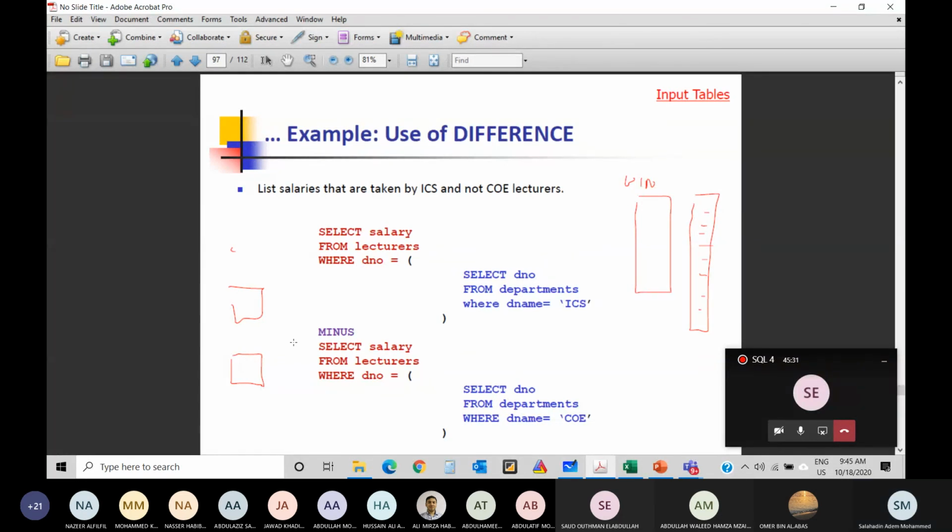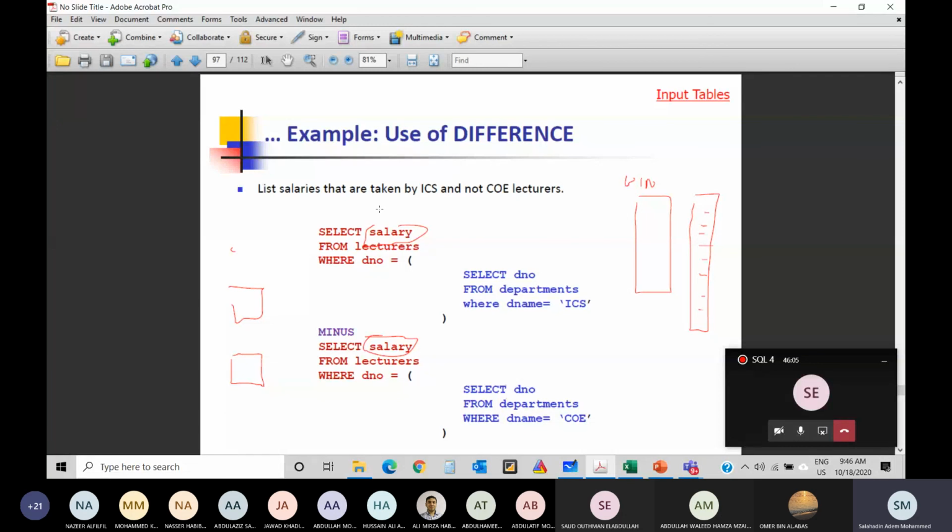Is that your question? Yes, but what if the second table has an extra column? What will happen? You have to remove it first with a select statement. Like what he did here. He removed all and just kept select salary. So in your select statement, first of all, you have to remove the extra columns. And if the names are different, rename them to the same name as this one.